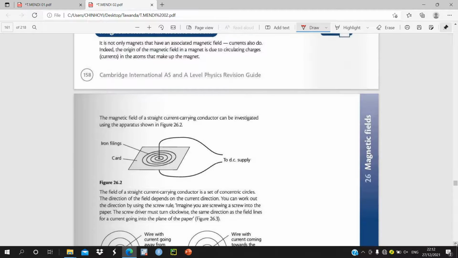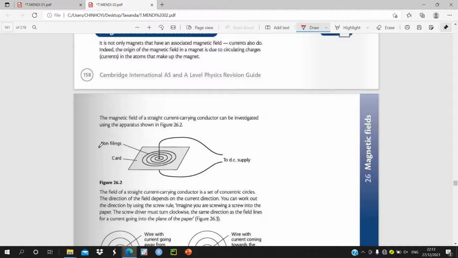As you can see here, if a wire carries a current, this experiment shows that there is going to be a magnetic field around the current carrying conductor, and that field can be investigated using the apparatus.